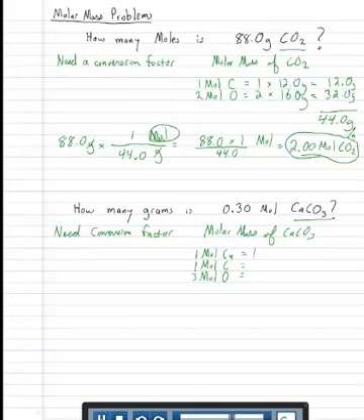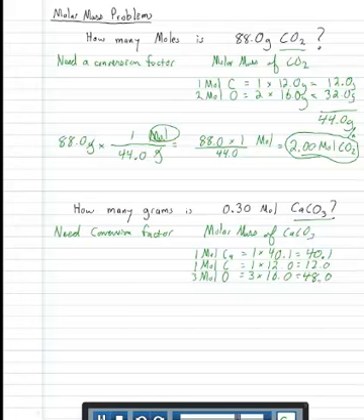I look in the periodic table, and the molar mass of calcium is 40.1. Again, round to the tenths. The molar mass of carbon is 12.0. Round to the tenths again. It will help. And there are 3 oxygens. The molar mass of oxygen is 16.0, and I can calculate that, and it's 48.0.